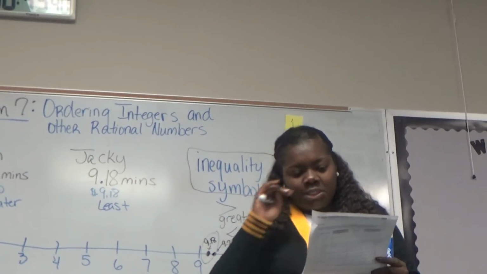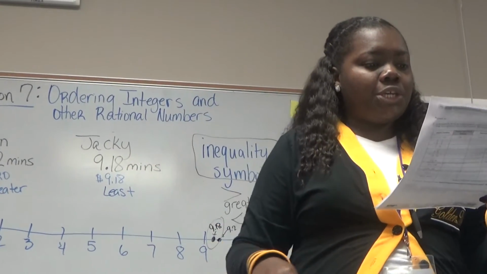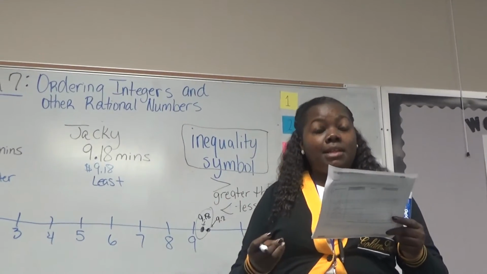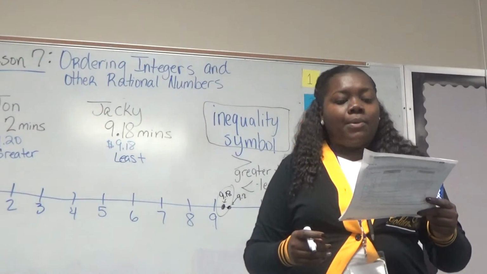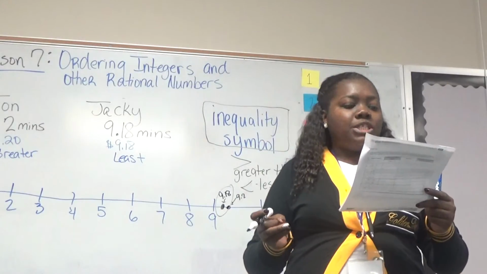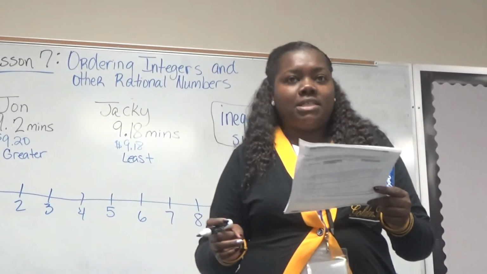Okay? In number 2, you have a situation dealing with the teacher and some points given to students. You're going to do the exact same thing using the number line. It looks as if you have to plot points on -2 and -2.5, and decide which student, student A or student B, performed worse on the test.